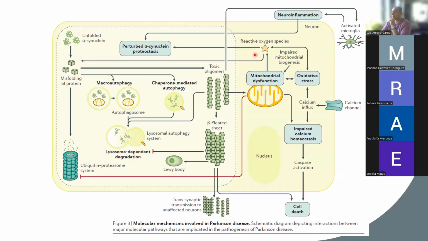But since alpha-synuclein affects mitochondrial function, this will actually block the ubiquitin proteasome system. And then these misfolded proteins will start aggregating in autophagosomes, in chaperone-mediated autophagy, and it will generate more toxic oligomers.